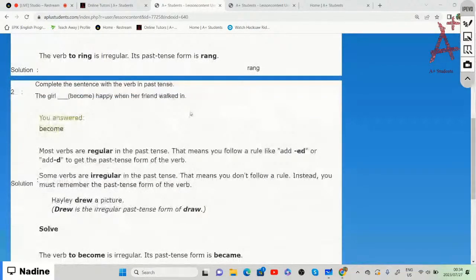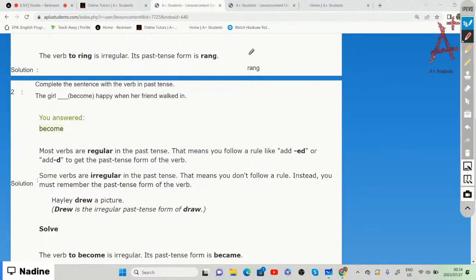All right. The girl become happy when a friend walked in. We need to change the word become to the irregular past tense form of the verb.